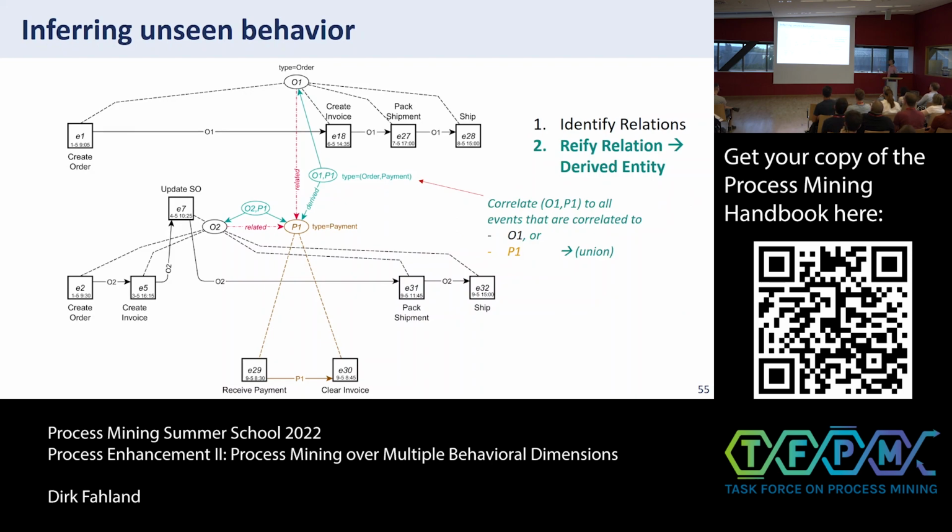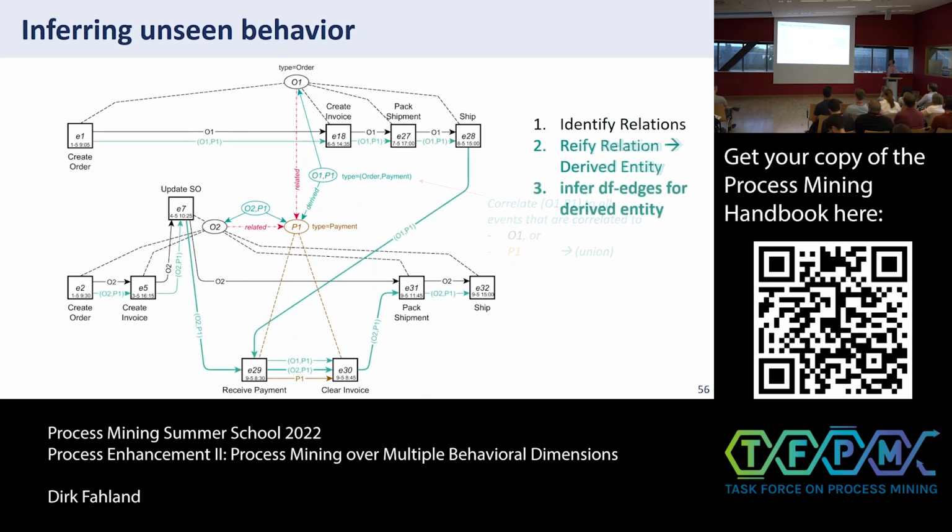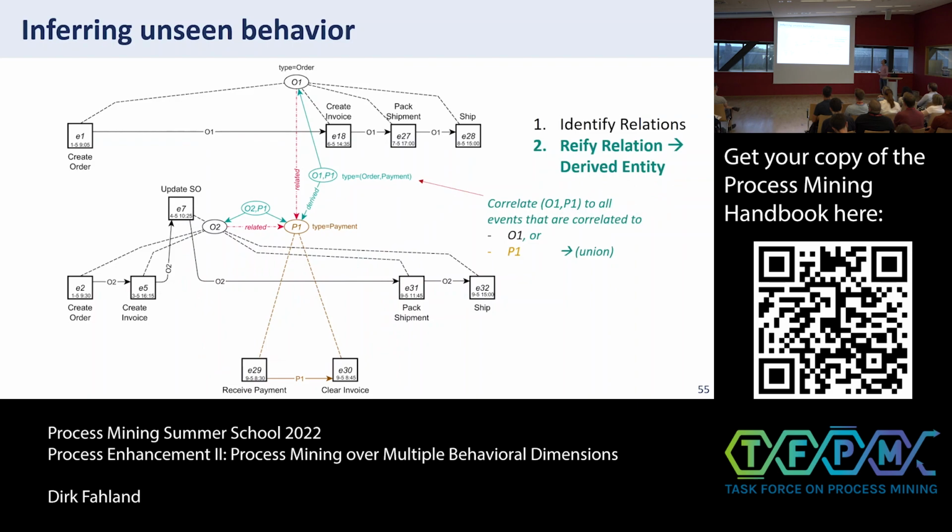It's a derived entity, right? It's the pair of the identifiers, O1, P1, O2, P1 of the type order payment. So I have two entities, and I'm correlating all events that are correlated to O1 or to P1 to this derived entity. So it's E1, E18, E27, E28, and also E29 and E30 for O1, P1.